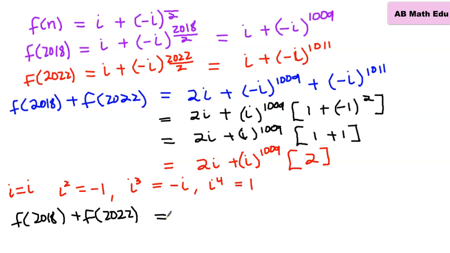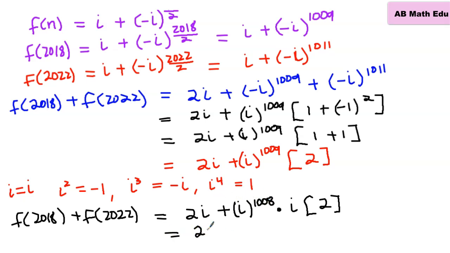So as we continue to find f of 2018 plus f of 2022, we divide and we get i to the power 1008 times i times this 2. I wanted the multiples of 4 because we know that i to the fourth will turn into 1.